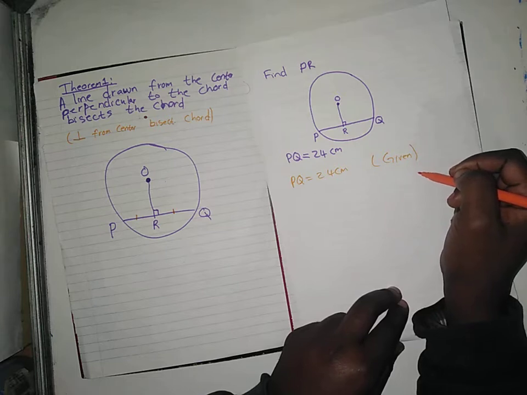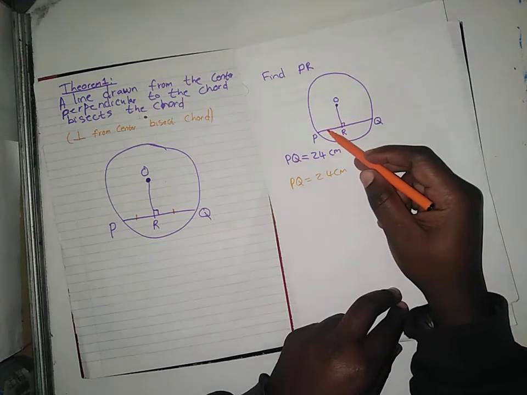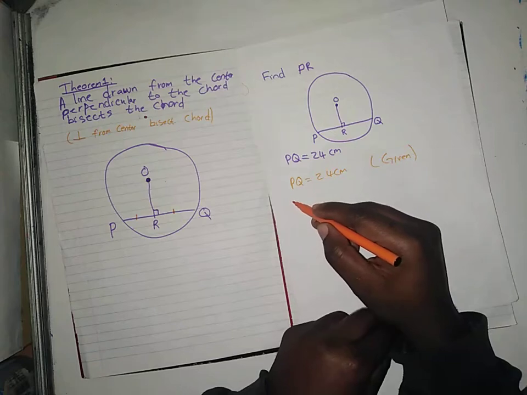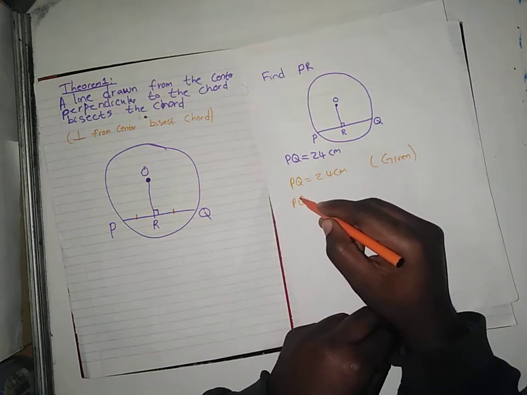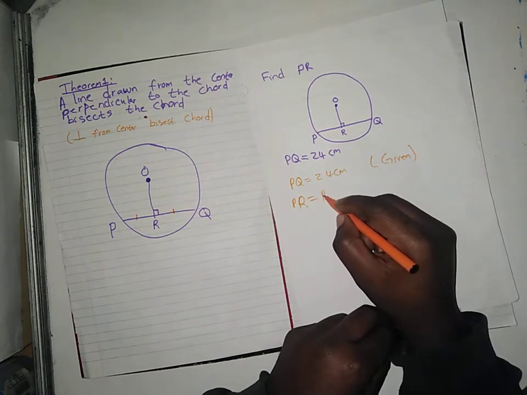Okay, but now our law, what does it say? It says that if you've got a line from a center of a circle to the chord, and if that line is perpendicular to the chord, then it bisects the chord. Okay, so this is 24, which means that this part is going to be equal to this part. So that means PR is going to be equal to RQ.